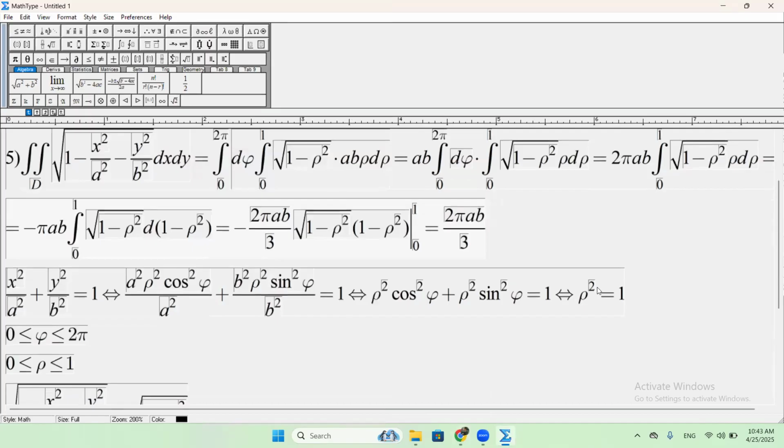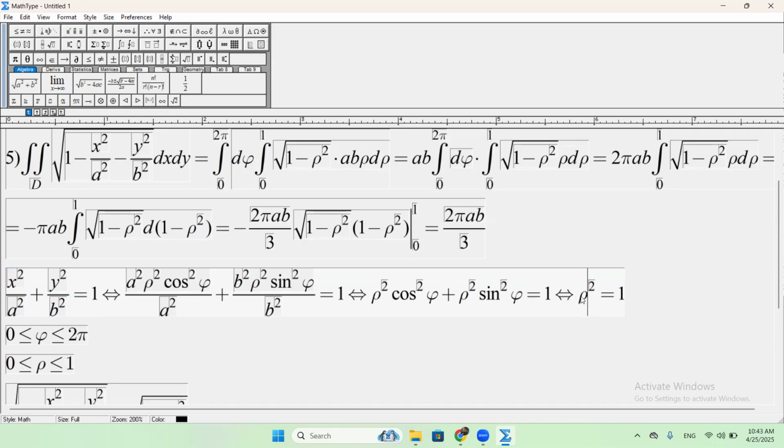Rho square equals 1 is received if I substitute generic polar coordinates into this equation, so rho changes from 0 to 1. Okay, I thought that rho square equals 1 meant it must change from minus 1 to 1.